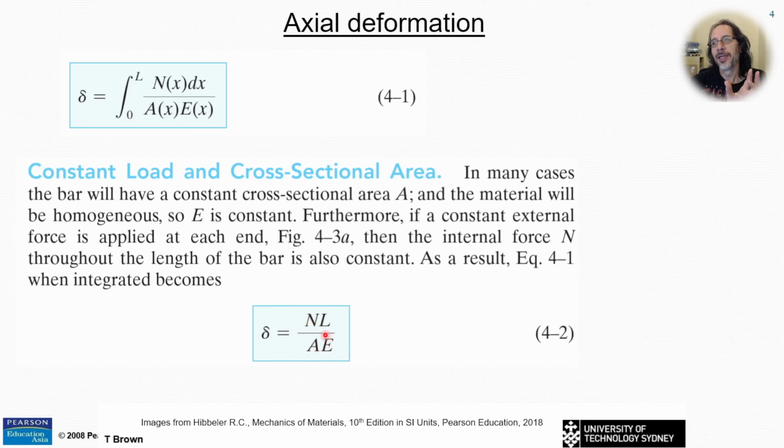But that's only applicable if we have these conditions. The force or the stress doesn't change over the length, the area doesn't change over the length, and the material doesn't change over the length. So be careful about just applying equations that you've seen before and thinking, oh yeah, that's what I use, without really knowing the limitations of that equation.